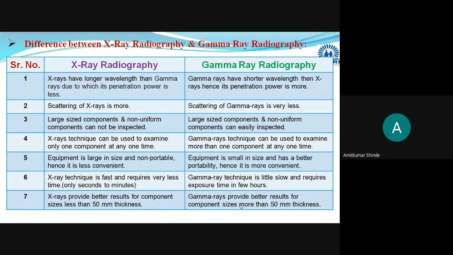Then after this, the last point is related to the applications. Now these X-ray radiography and gamma ray radiography can be used for detecting defects, like cracks, some blowholes, suppose some porosity is there, suppose some inclusions are there of different kinds of materials, in some casted component or welded component.